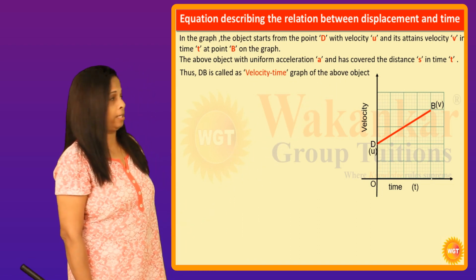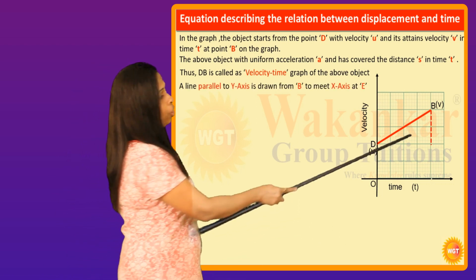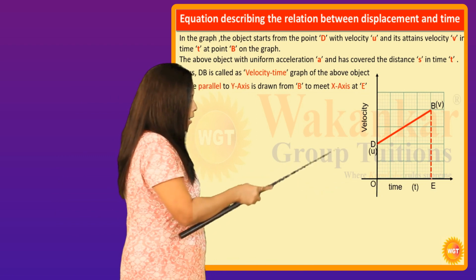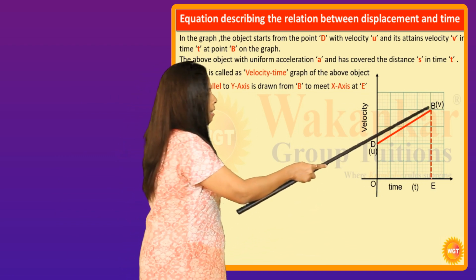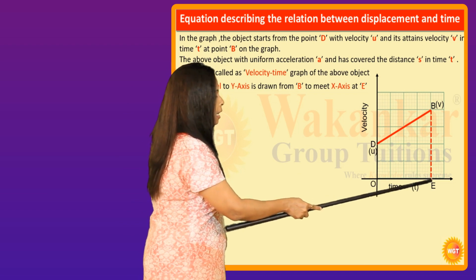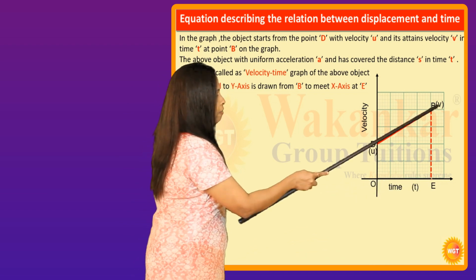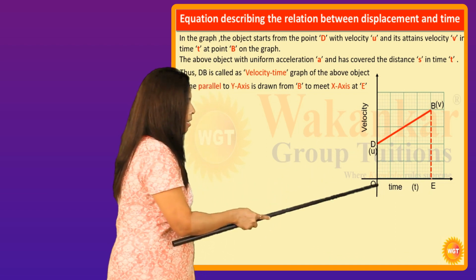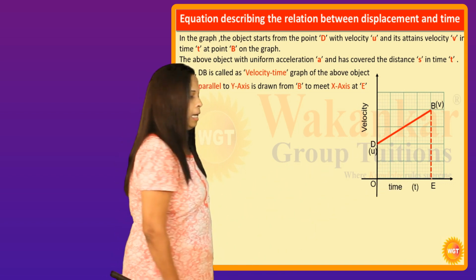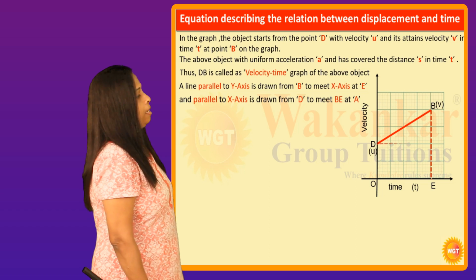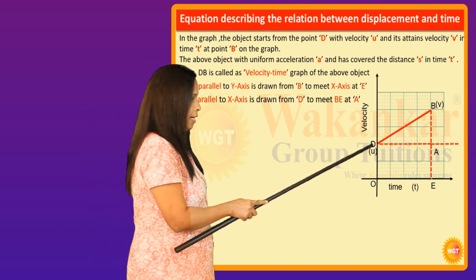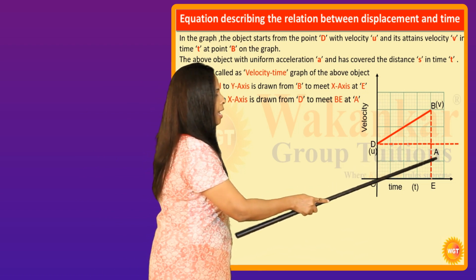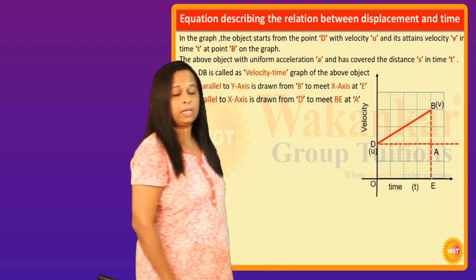Then, we draw a line starting from point B, which is parallel to the y-axis, and this line meets at E on the x-axis. Another line starting from point D goes parallel to the x-axis and meets at A on line BE.